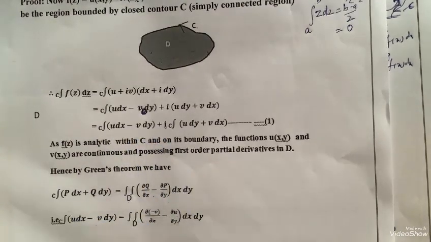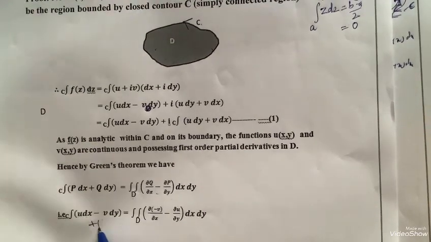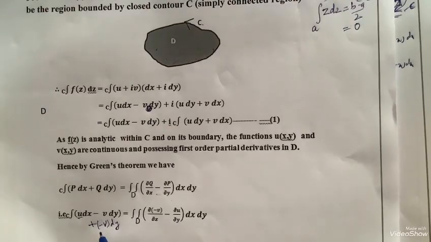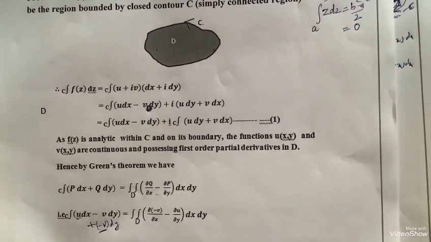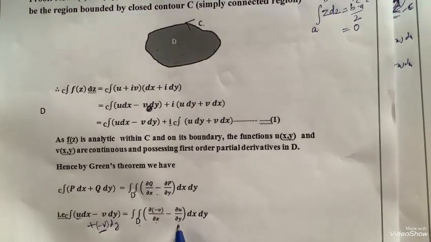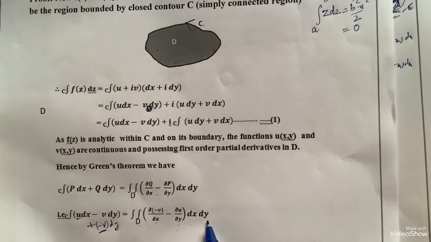This minus v dy can be written as plus of minus v dy. Therefore, p is u, q is minus v. So this is equal to double integration of dou of minus v by dou x minus dou u by dou y dx dy.